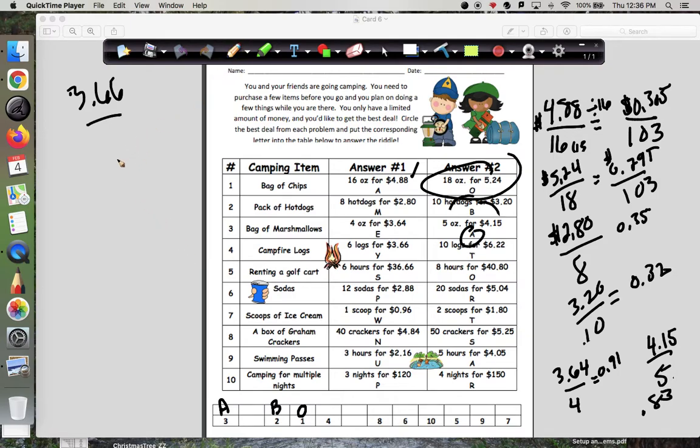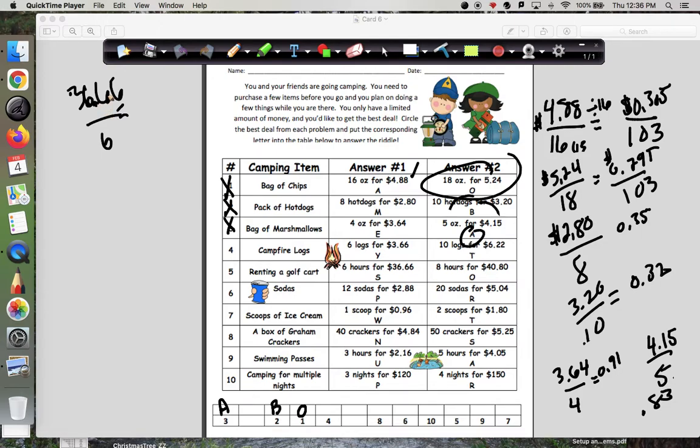Okay, so we've done this one, this one, this one. We'll kind of try to keep track a little bit better. 36.66 divided by 6, that's the one that goes in there. Oh, and all the places you could make a mistake here.